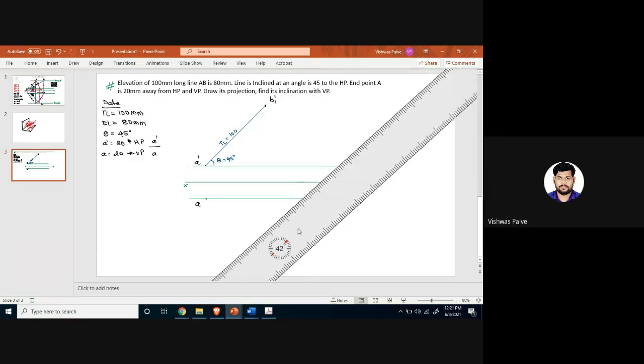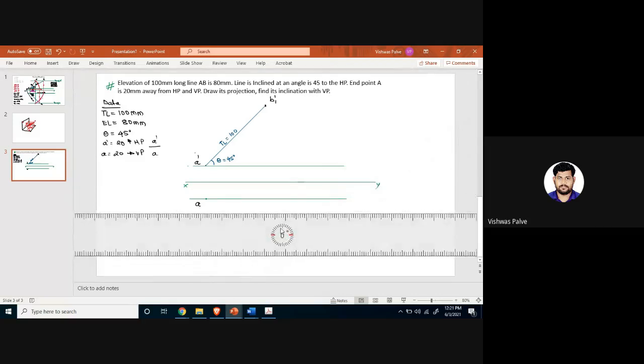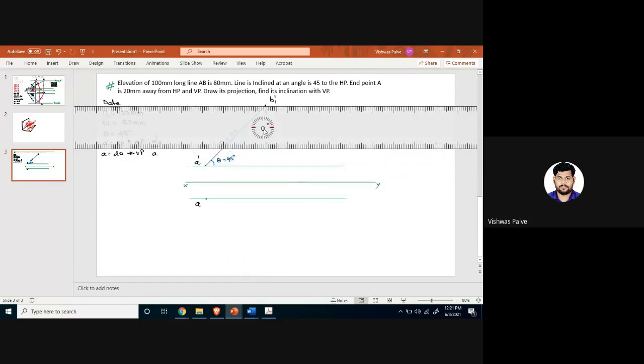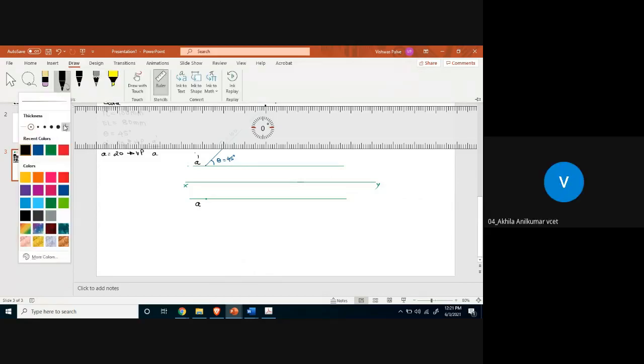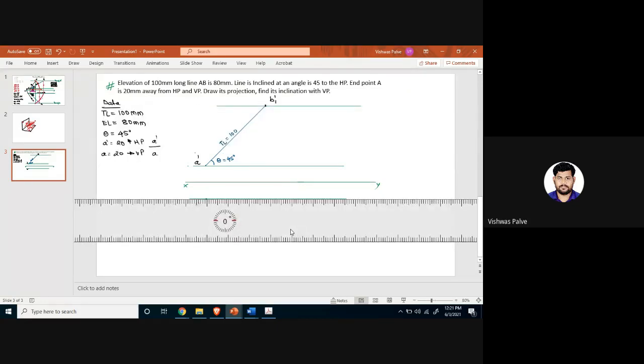And we draw a line through B1 dash, which is called the locus of B dash. So what I have done is utilized the true length and the theta angle, with A dash and A. This much data I have utilized.